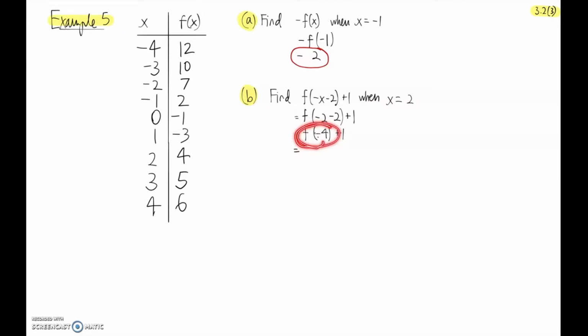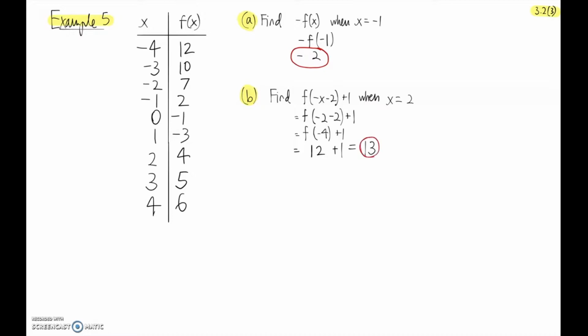When my input is negative 4, what is my output of the function? f of negative 4 equals 12. And I still have this plus 1 hanging around, so the answer to the whole thing is just 13.